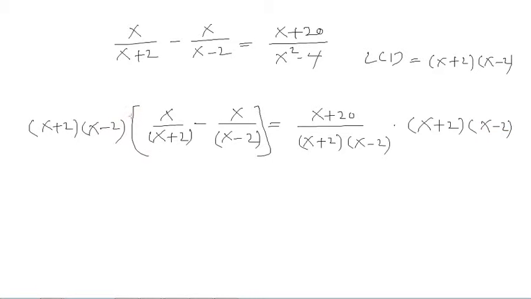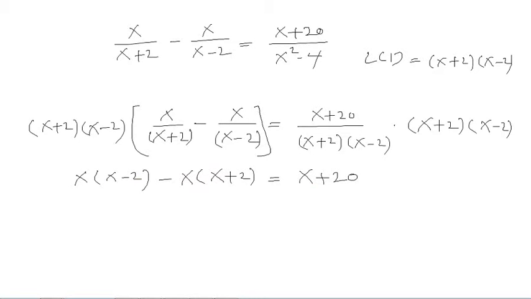Notice that these braces are absolutely necessary because I want to multiply the whole left side by the least common denominator. Now if I do the multiplications, I get x times x minus 2 minus x times x plus 2 equals x plus 20.